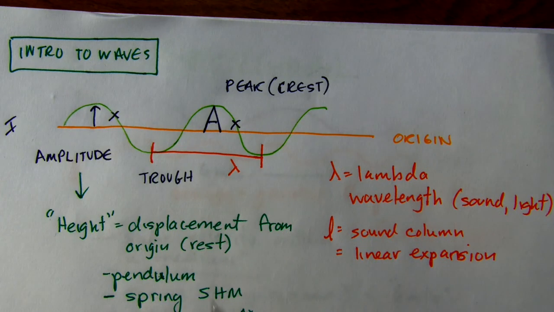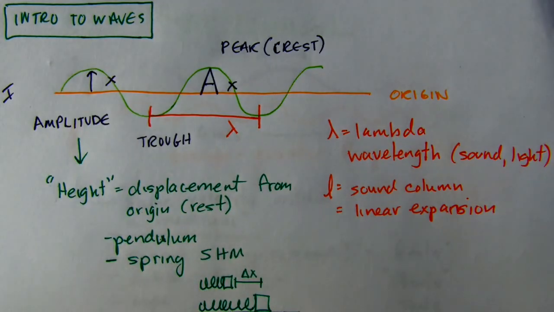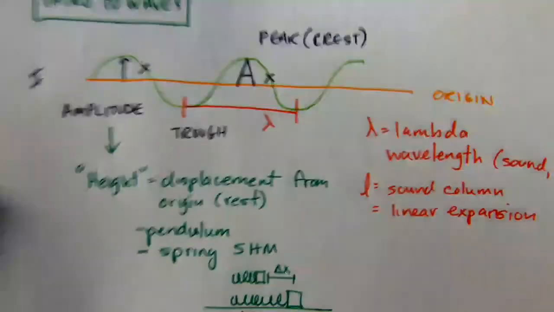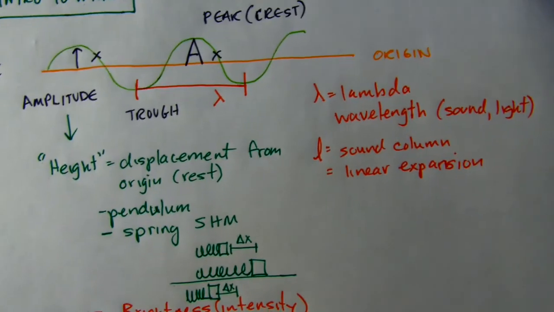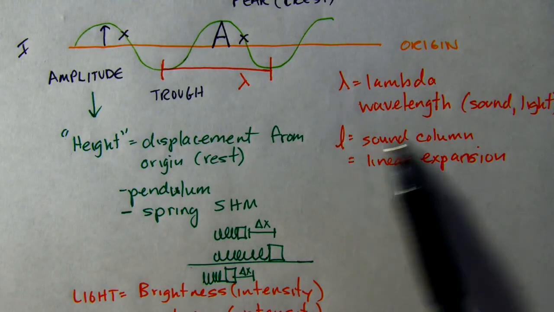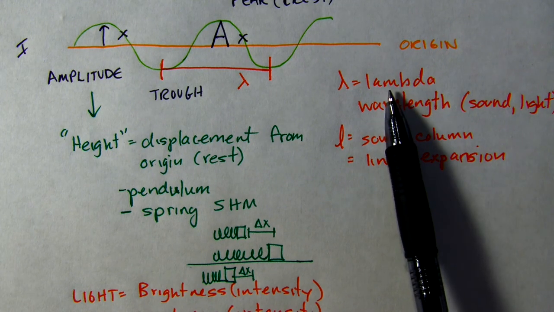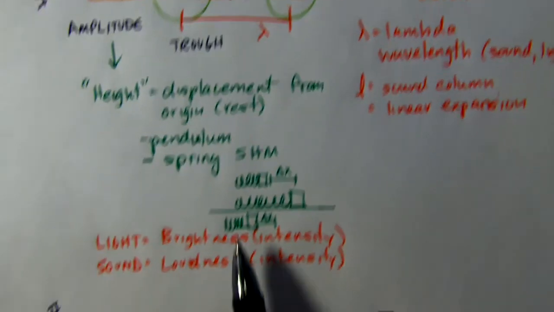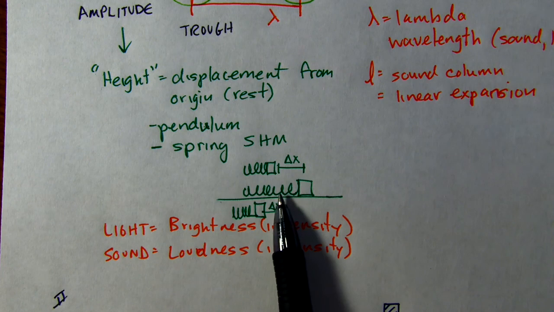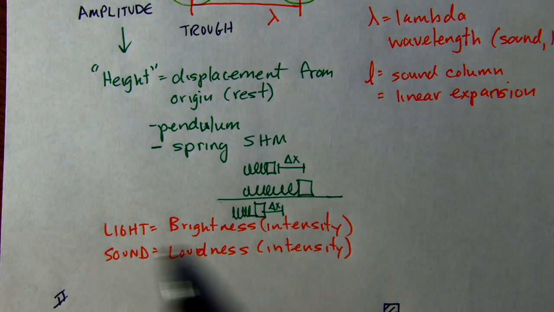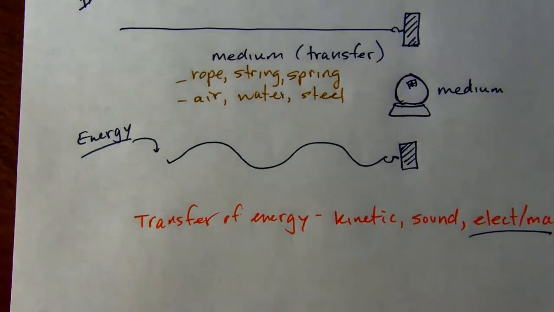All right, so we have the wave vocabulary here. This is very basic wave vocabulary, but the idea that you have peaks and troughs and so on. There is a difference oftentimes with sound and light, so you want to be careful of that. Okay, and we could even talk about simple harmonic motion, but pay attention to this idea because it's going to show up later. Okay.